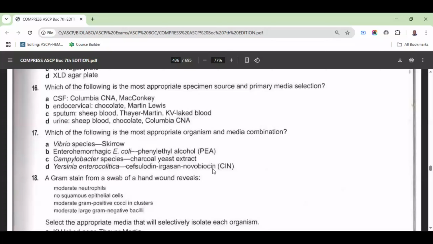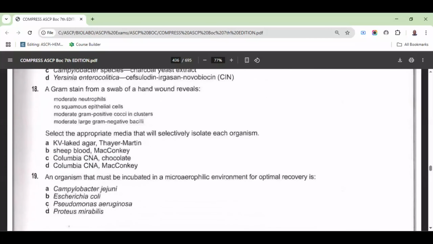All right. Let's look at question number 18. A Gram stain from a swab of a hand wound shows moderate neutrophils, no squamous epithelial cells, moderate gram-positive cocci in clusters, moderate large gram-negative bacilli. First, let's understand these findings. Moderate neutrophils means there is an inflammation process.